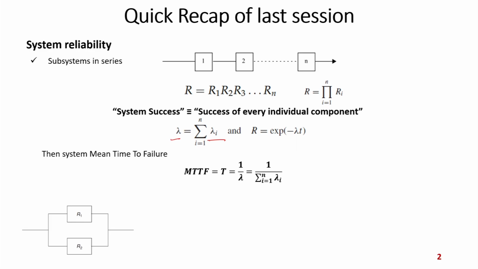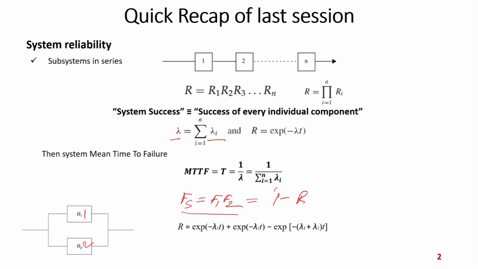It will fail whenever both elements 1 and 2 fail. So, the system failure means it will fail whenever both systems fail. From there we wrote 1 minus R s.